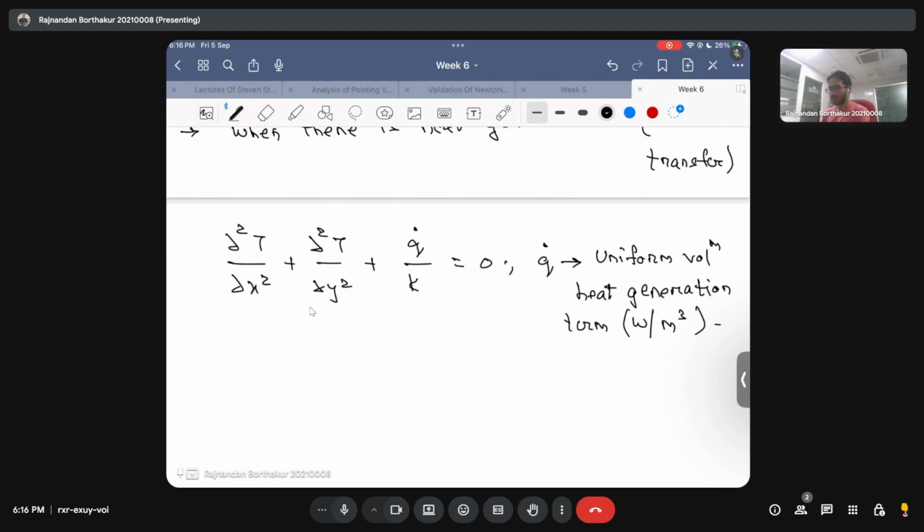So now you can write this equation as the Laplacian of temperature equal to minus q dot by k.